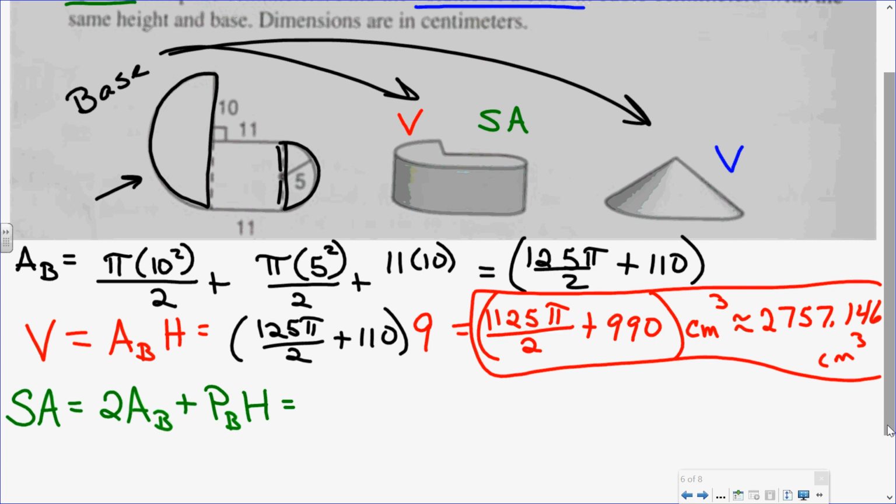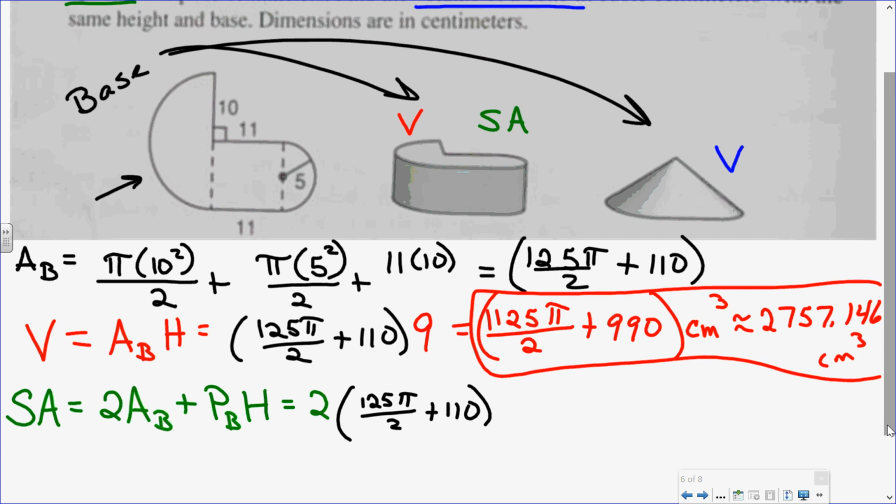So I need 2 times that area of the base that I found at the beginning, 125 pi over 2 plus 110. And now I need the perimeter of this base. So somebody unmute and tell me how I'm going to get the perimeter of that picture on the left.